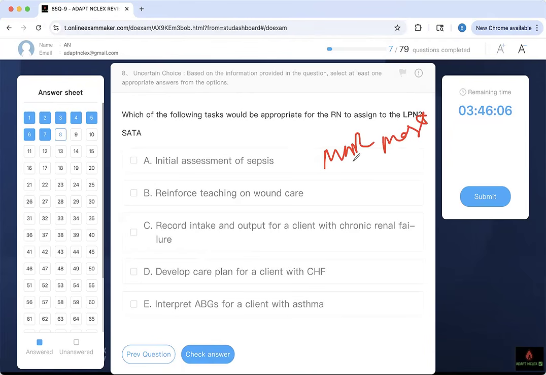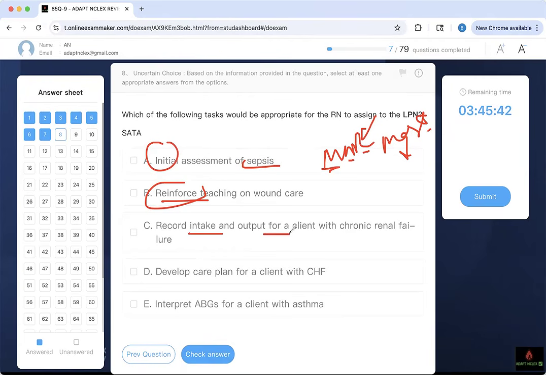That means they can give most medication, they can monitor, they can reinforce, they can do stoma care, they can provide some tube feeding. Therefore, initial assessment of sepsis is not part of what I told you. Reinforce is the word we talk about. So far as I see reinforce, that's the one I'm going to pick.